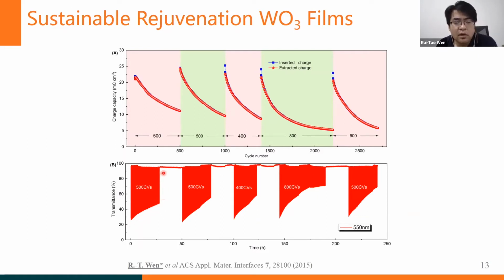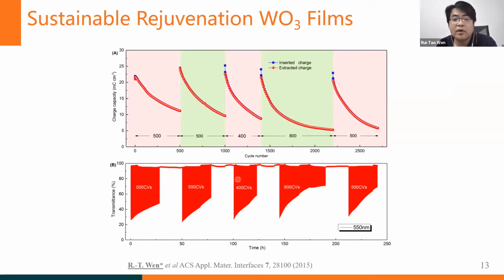Then we can use the detrapping process to regain its initial performance. As you can see, during the detrapping process the bleached state always stays the same; we cannot see any difference with our eyes. And when we recycle the film, we see the performance is regained. From the curve, you can see we can regain the initial performance as many times as we want.